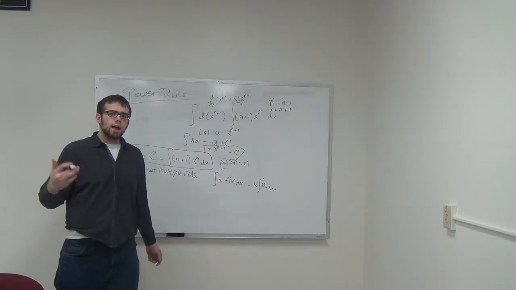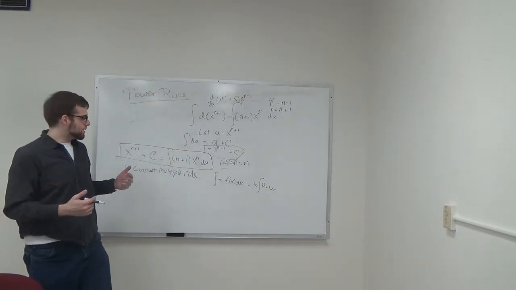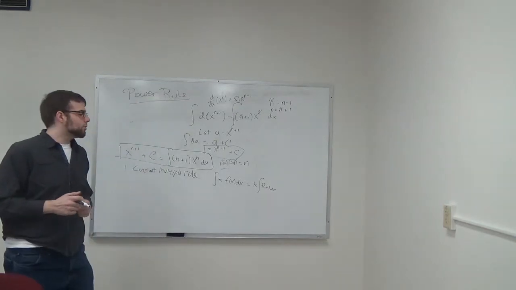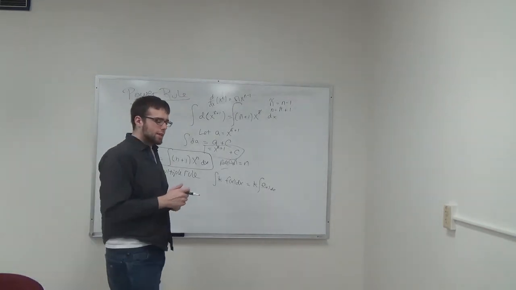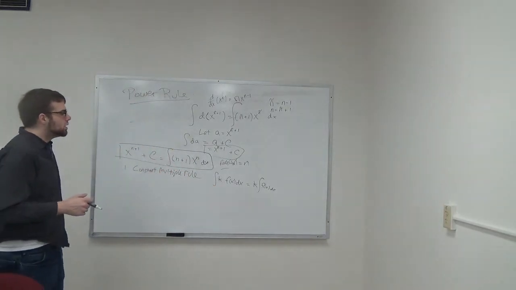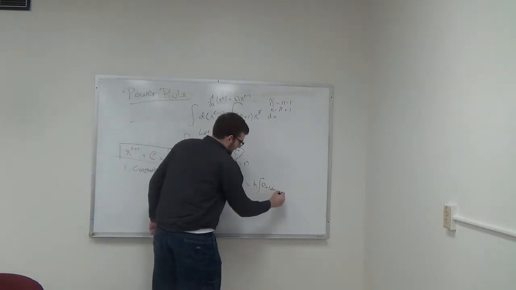And once again, this is essentially the same thing as the constant rule for multiplication for derivatives. That can easily be proved using the same technique we just used on this example, and this is assuming that k is constant.